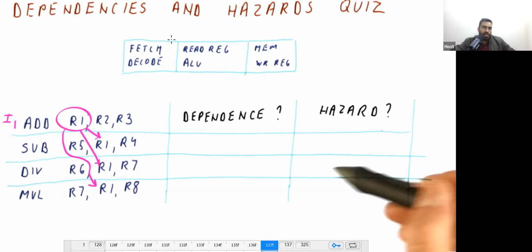There are 3 stages. In the first stage, we fetch and decode. In the second stage, we read the register and we use the ALU. And in the last stage, we read the memory and we write into the register. Please solve it, take 1 minute. For these 3, tell me, are they dependencies? Are they hazards?